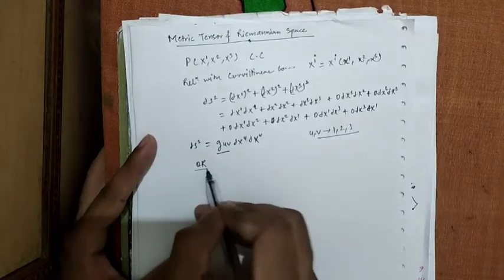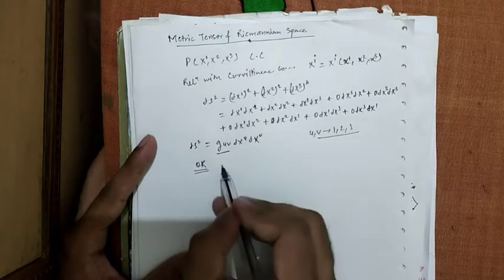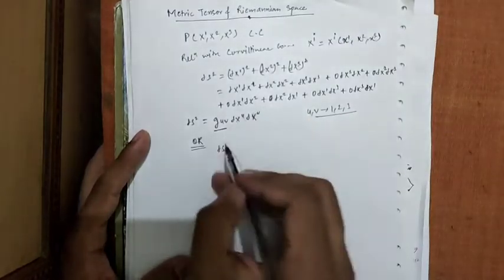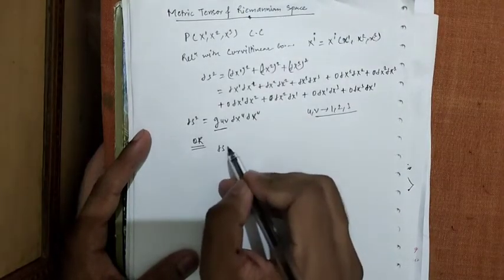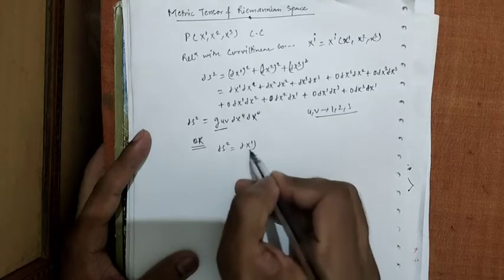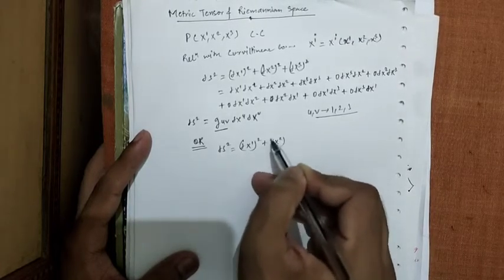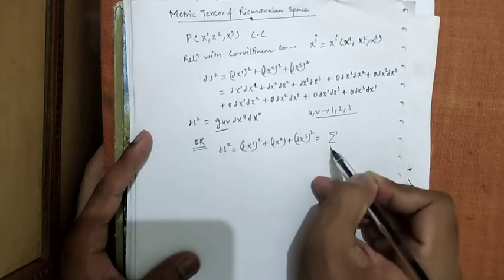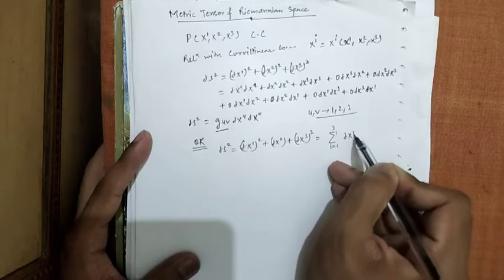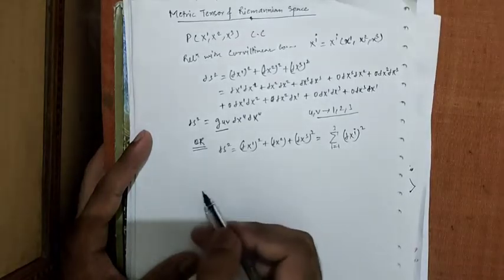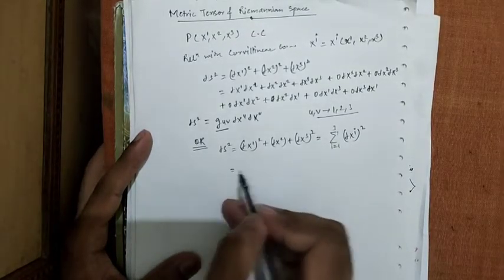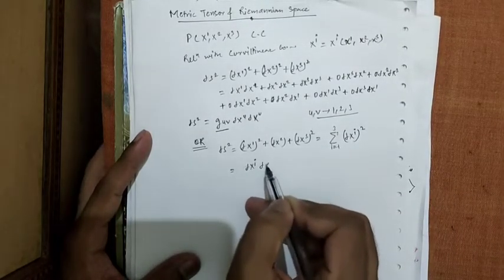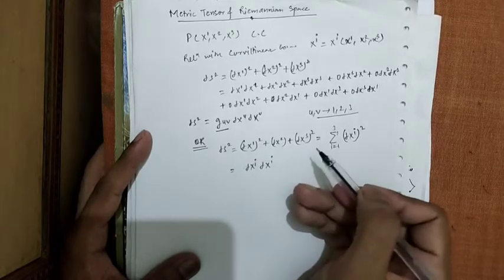Or we can do the above explanation by our previous knowledge: ds square is equal to dx1 square plus dx2 square plus dx3 square, which can be written as the summation over i from 1 to 3 of dxi square, and by dropping the summation, as per the Einstein convention, we write this as dxi dxi.